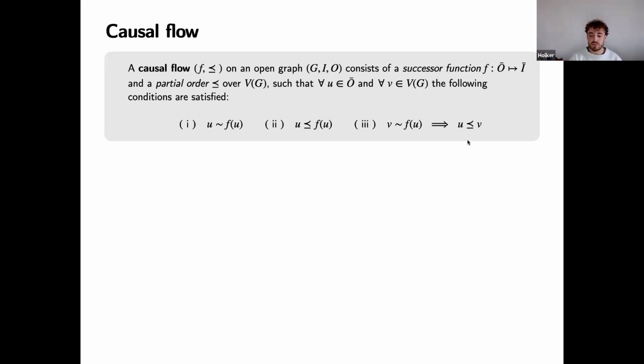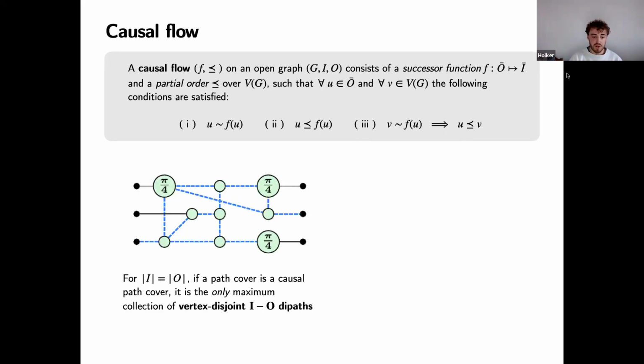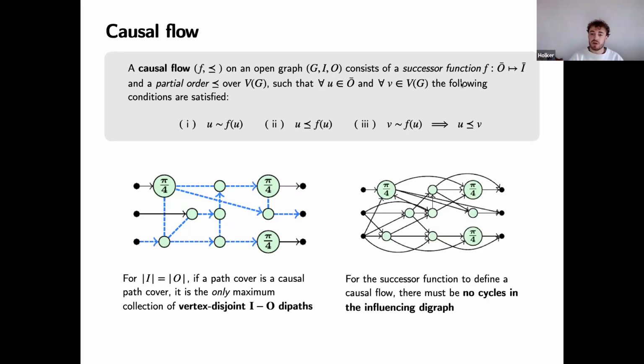And essentially the understanding of this is that for a ZX diagram like this, the causal flow defines a set of unique vertex disjoint directed paths from the inputs to the outputs, and these essentially can be viewed as your qubit lines.